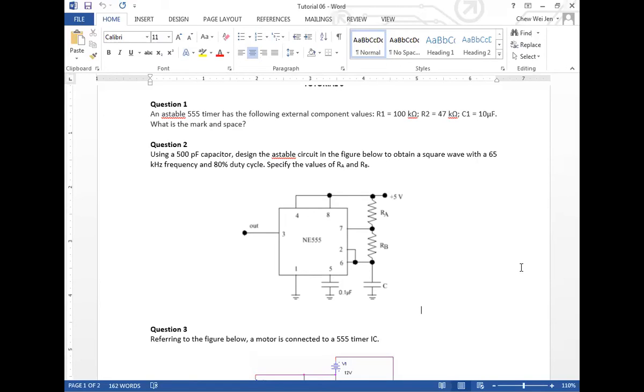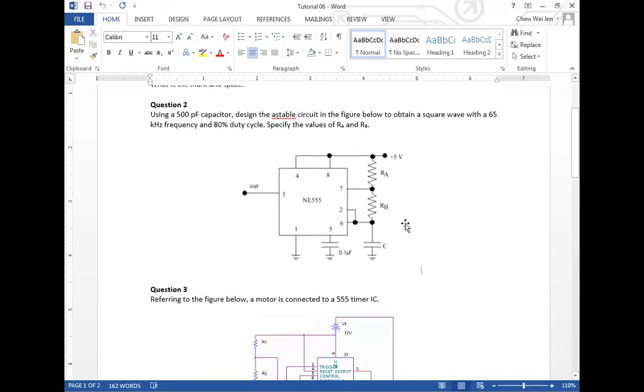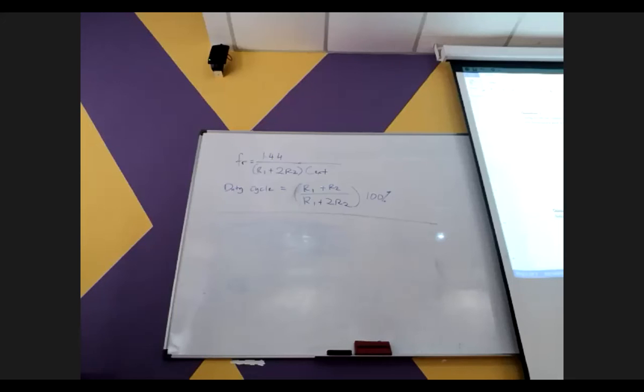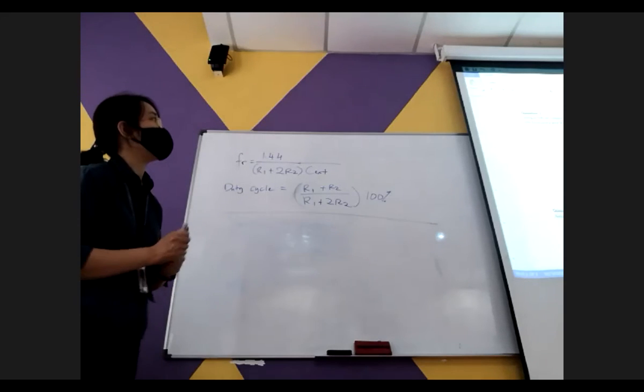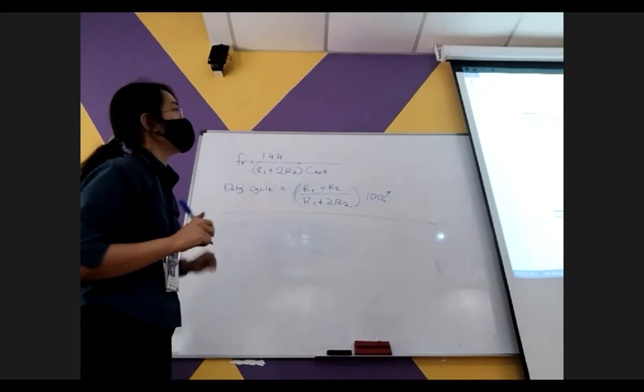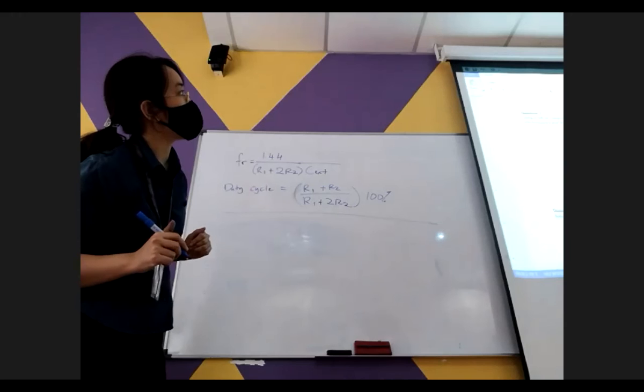Did anyone do the calculations? Because they already give you the duty cycle, they already give you the frequency. Basically, find the value of R1 and R2. So we just substitute in the values. Frequency, they said it needs to be 65 kilohertz.